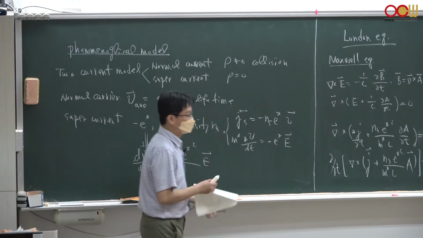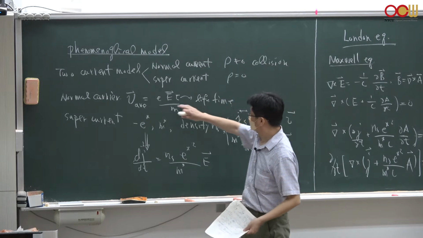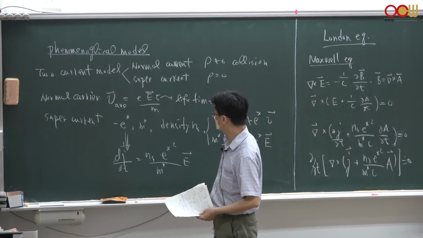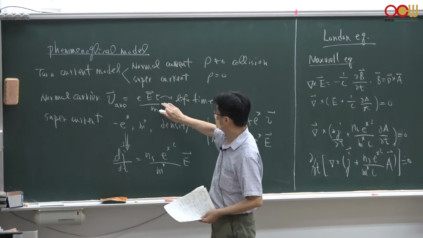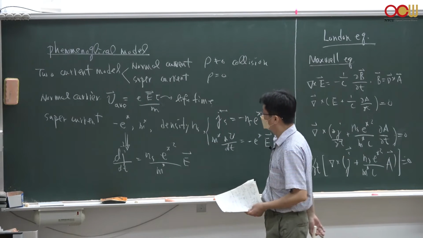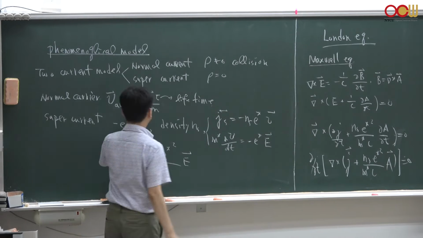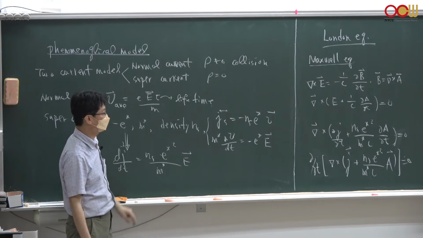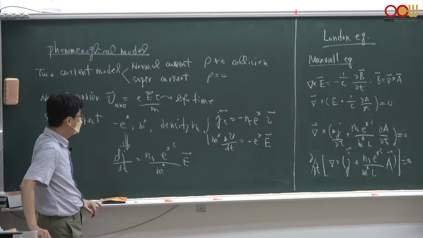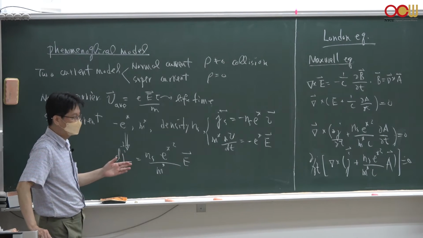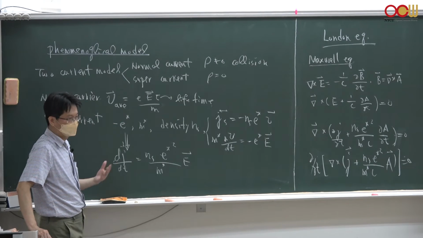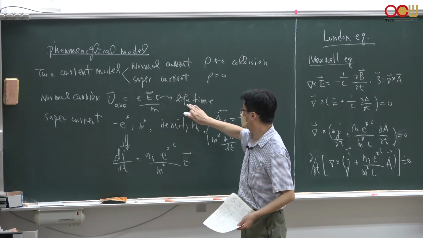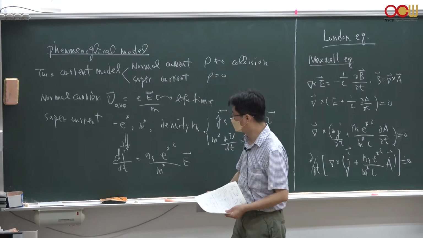For the normal current, we can estimate the velocity from semi-classical Newtonian mechanics: it is given by charge e times electric field times lifetime divided by m, the electron mass. This means that an electric field leads to collisions between electrons, and that leads to a finite lifetime of the electron motion.